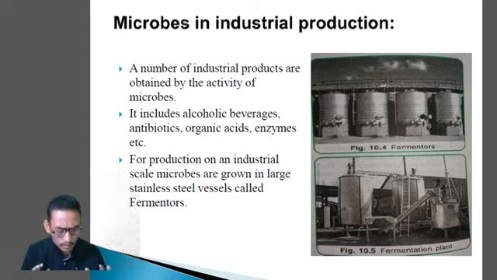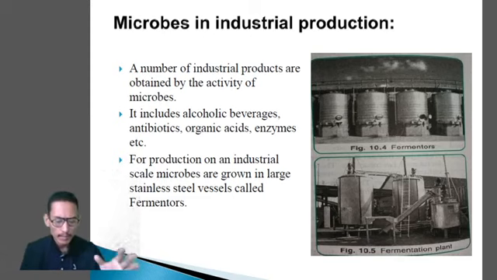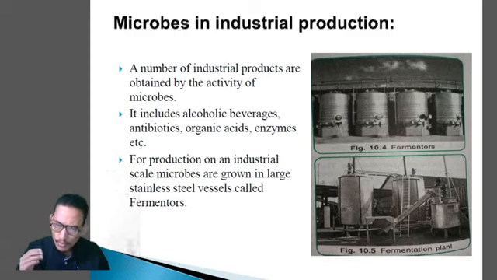A large number of industrial products are obtained by the use of microbes. Clear? So this includes alcoholic beverages. We can also use microbes for the production of antibiotics, industrial alcohols, organic acids, enzymes and bioactive molecules.